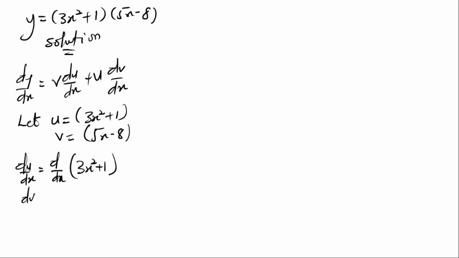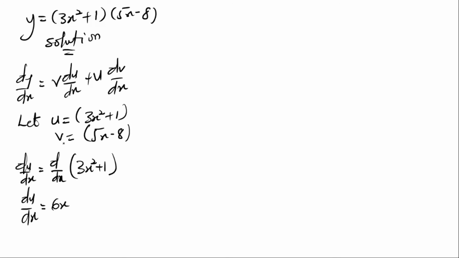If we differentiate 3x squared, the power 2 comes to multiply the 3, then we subtract 1 from the power 2, so it becomes 6x. Now this is a constant, so if we differentiate a constant, we get 0. So our du/dx is 6x.